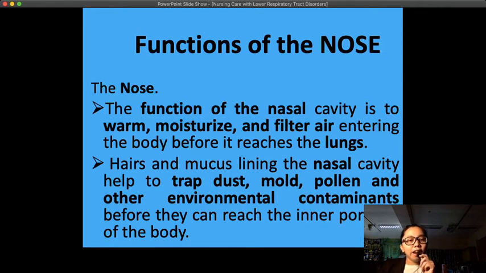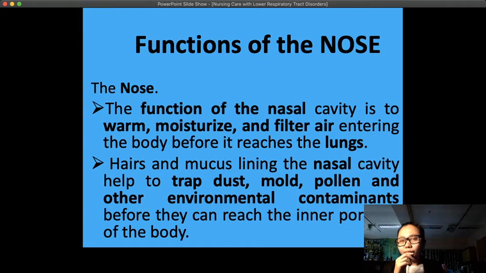Okay, so, hairs and mucus lining. Itong mga hairs sa nose, okay, inside the nostrils, right? Hairs and mucus lining the nasal cavity help to trap the dust, mold, pollen, and other environmental contaminants before they can reach the inner portions of the body.